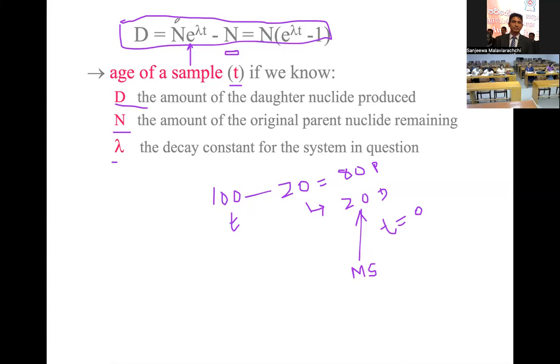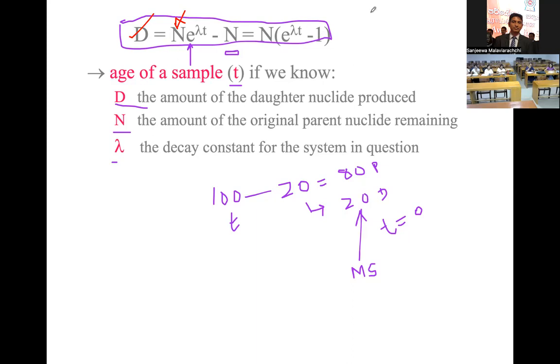That means we know n. No, sorry, we don't know n, because this is the original amount. We don't know that, right? But we know d because we can measure it. And we can find out the present day parent also.